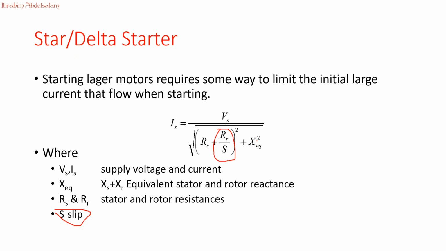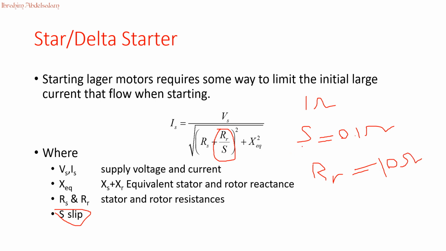So let's think more carefully about the motor at starting up. S is equal to 1 and the equivalent rotor resistance is 1 ohm. If the motor is operating at a speed as close as possible to its rated speed, and S in this case is equal to 0.1, this means the equivalent rotor resistance will be around 10 ohm.